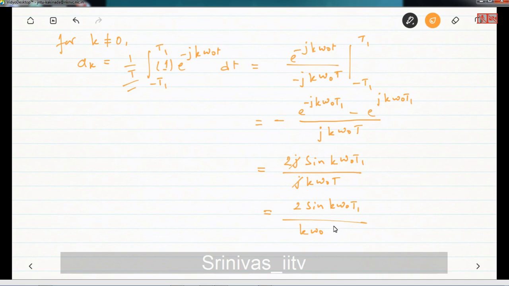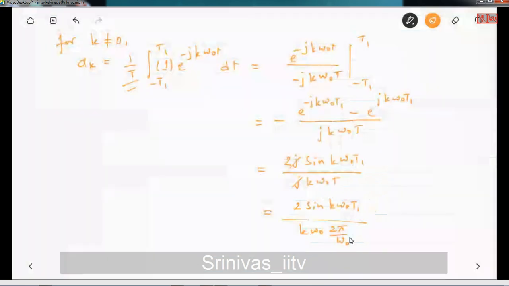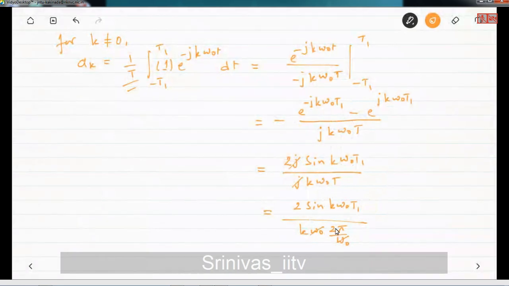T is 2 pi by omega naught, right? So this omega naught is omega naught. So this is sine k omega naught t1 divided by k pi. I'm sure this is fairly a simple integral for you to evaluate. Maybe I don't need to do every step, but anyway, this is this one.